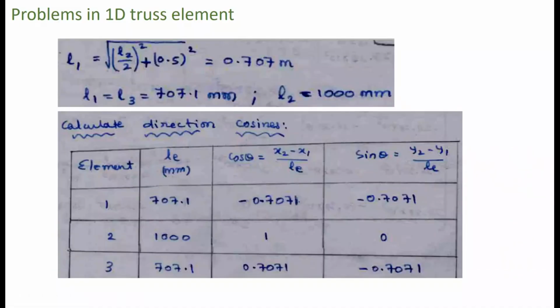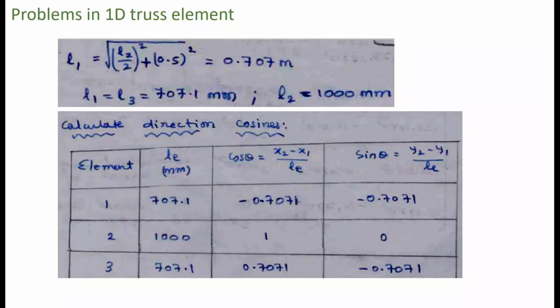Now we want to find the element 1 stiffness matrix. So for that, we want to find the length of the elements. So based on the right angle triangle, if we want to find the hypotenuse side, it is the root of adjacent side square plus opposite side square.